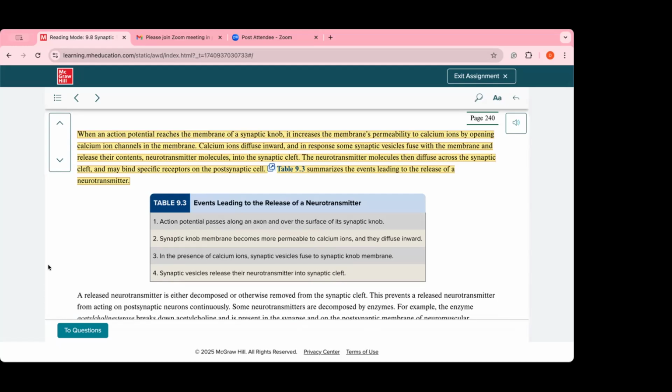They come in. The synaptic vesicles fuse to the membrane, and then the synaptic vesicles release their neurotransmitter. Okay, let's go back. I think it's right.